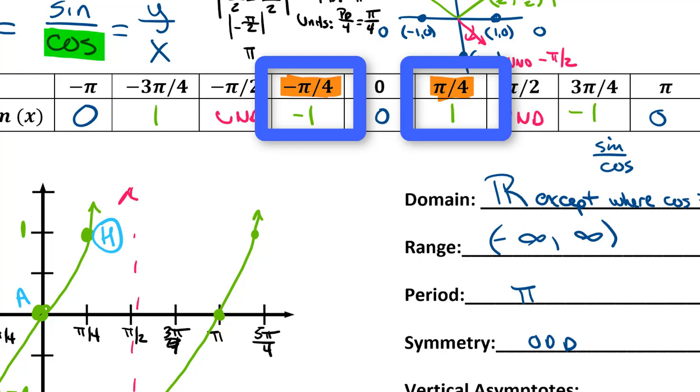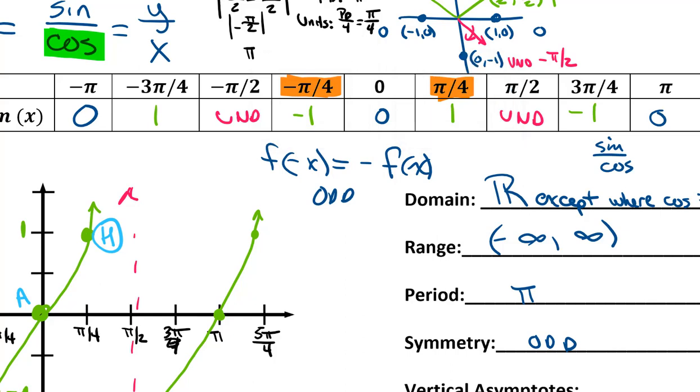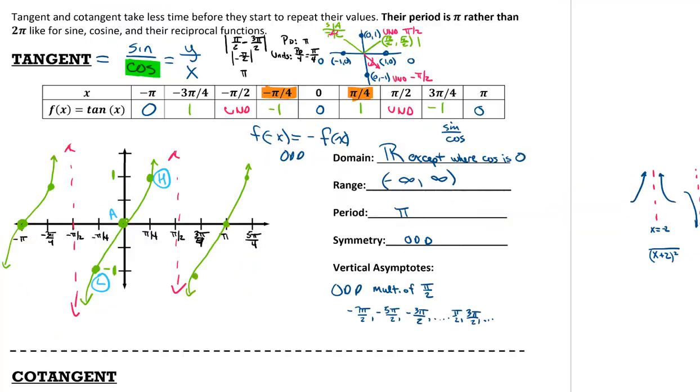So just a little refresher there: f of negative x equals negative f of x. That would mean that we have an odd function. We plug in pi over 4, we get 1, and we plug in negative pi over 4, and we end up with the opposite y value. So that's just a quick little refresher on that.